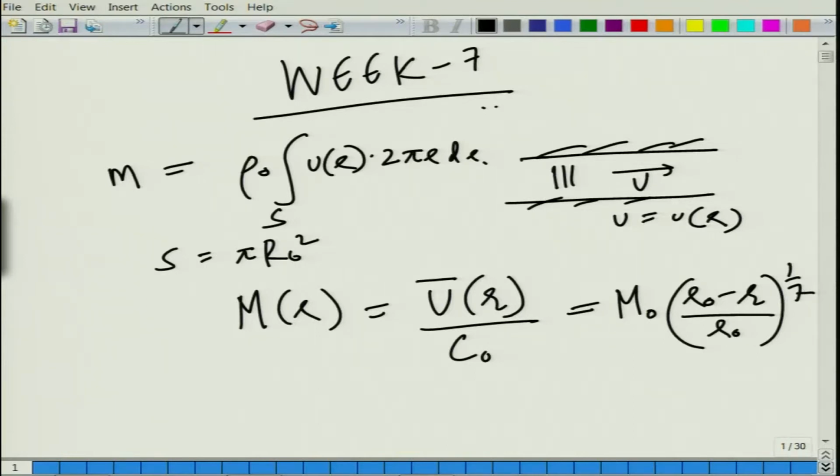So, basically this expression gives us a good idea about how the Mach number varies over the cross section radius r, taking into account the effect of boundary layers. This is typically valid for fully developed turbulent flows at Reynolds numbers of the order of 10 to the power 5 or so.